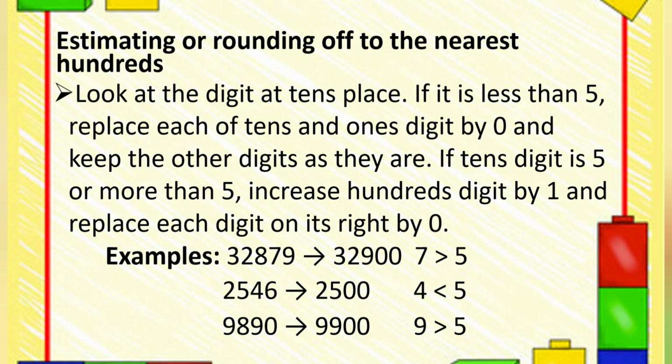Here in tens digit 4 is there. So 4 is less than 5. So the answer is going to be 2500. Next, 9890. Here in tens digit 9 is there. 9 is greater than 5. So you have to add 1 in hundreds place. So 9900 is the answer.